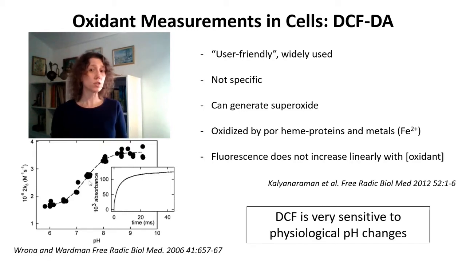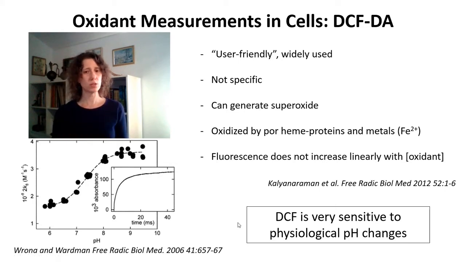Now, when you're measuring things that involve changes in mitochondrial bioenergetics, they often involve changes in inner membrane potentials, changes in oxygen consumption, and changes in glycolytic rates and lactate production rates. So changes in pH within the cell are common. And these changes in pH alone can change DCF fluorescence.